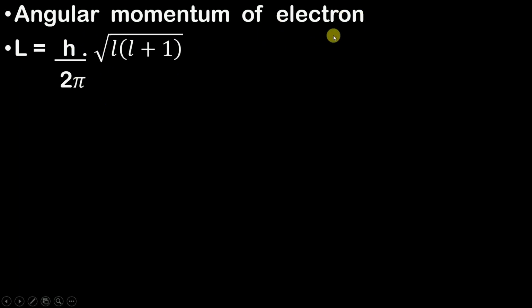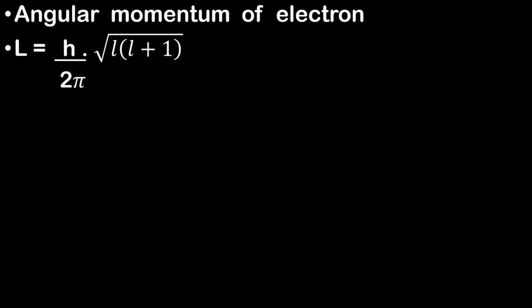Now don't get confused between this L and this L. This small l is nothing but your azimuthal quantum number, whereas this capital L is nothing but your angular momentum. Angular momentum is represented by capital L, and this h simply is your Planck's constant. And I hope you all know what is the value of this Planck's constant. The value of the Planck's constant is nothing but 6.62 into 10 raised to minus 34 joule seconds.